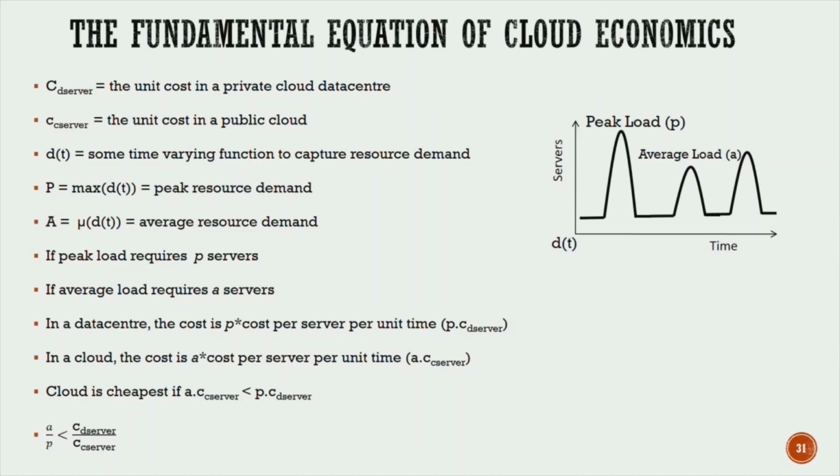Then how much will it cost to buy or lease something from Amazon or Azure per unit time that will fit into your C server. Then you have to get your workload log from your existing IT infrastructure and determine your peak resource demand and your average resource demand.